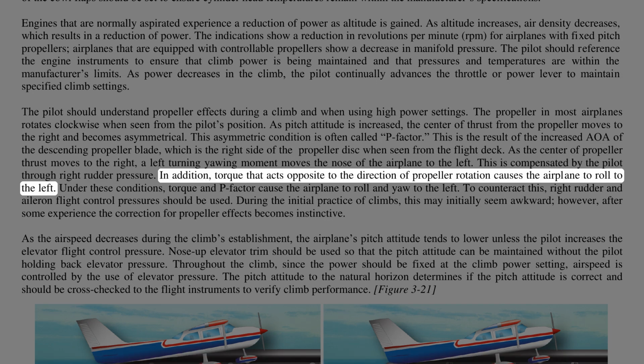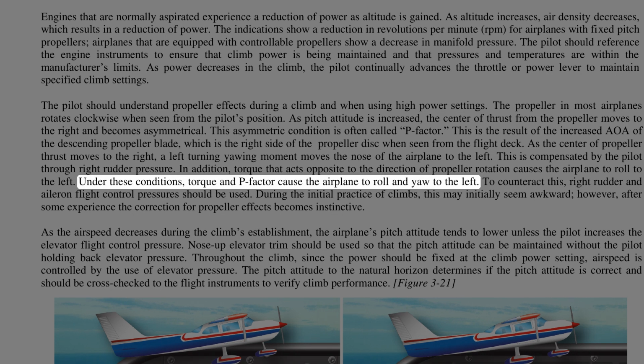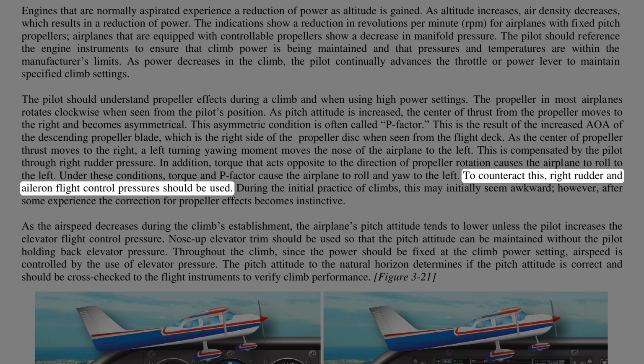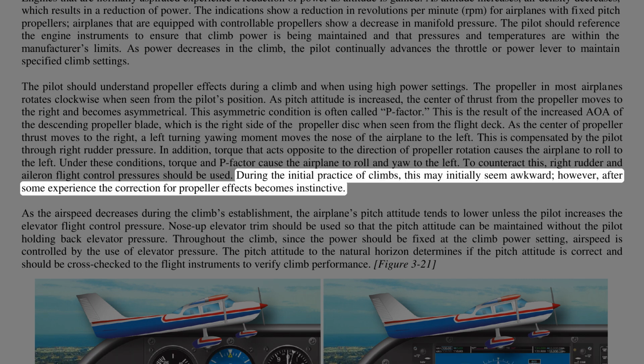In addition, torque that acts opposite to the direction of propeller rotation causes the airplane to roll to the left. Under these conditions, torque and P-factor cause the airplane to roll and yaw to the left. To counteract this, right rudder and aileron flight control pressures should be used. During the initial practice of climbs, this may seem awkward.